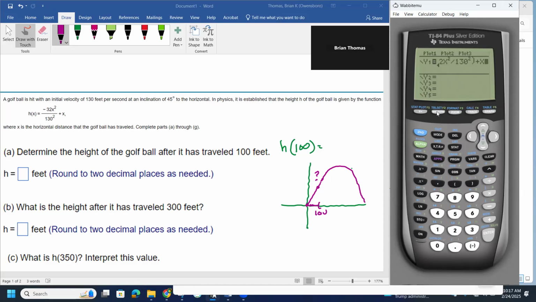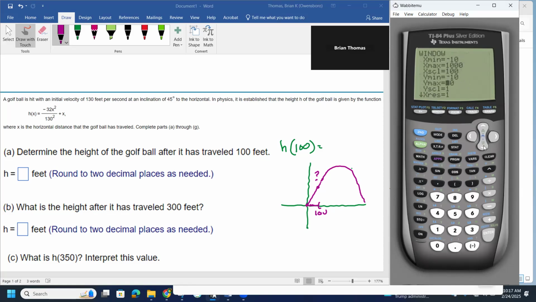If I hit window, notice how it's just going from negative 10 to 10. That's too small of a window. If I think about golf, a lot of golfers can hit a golf ball around 300 yards, which would be around 900 feet. So I'm going to change my X max to around 1,000, counting by 100s here.